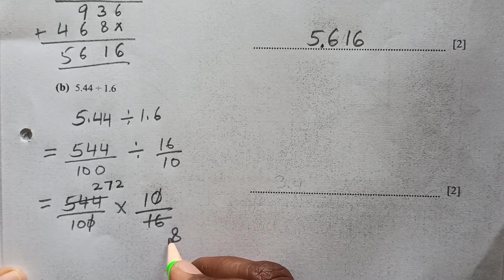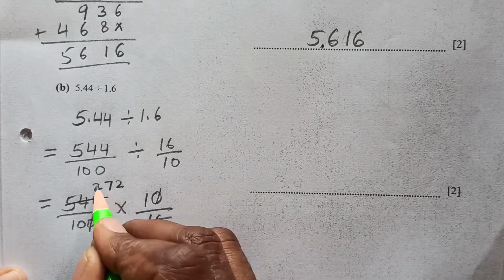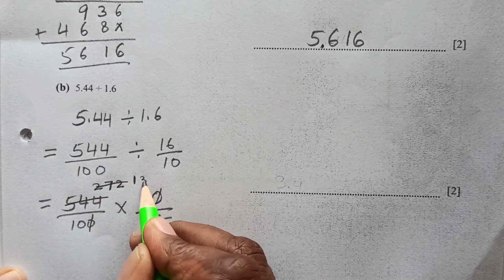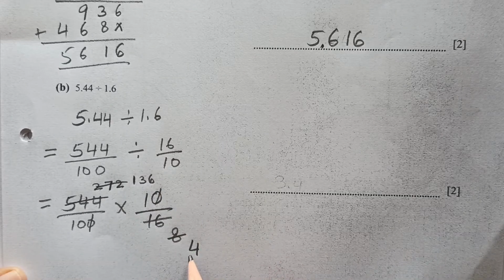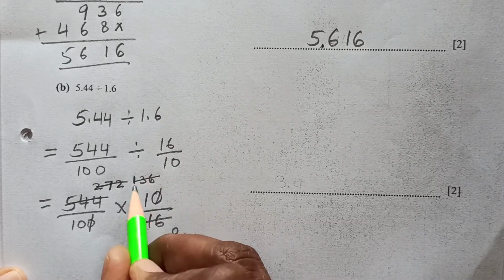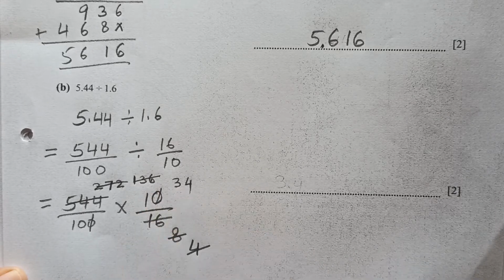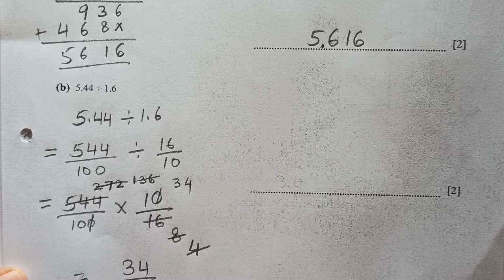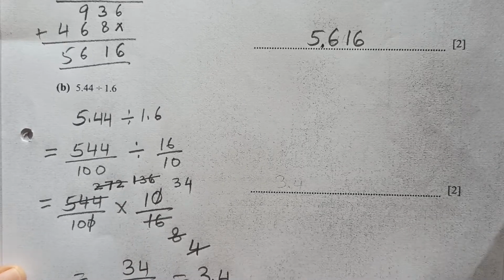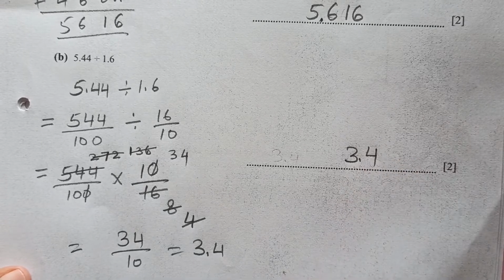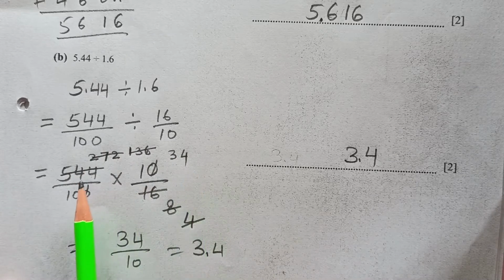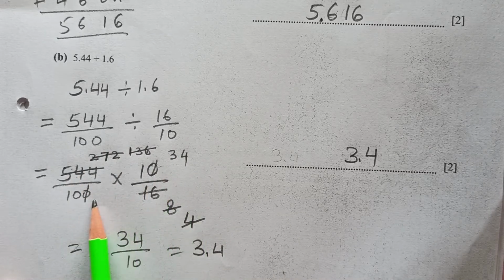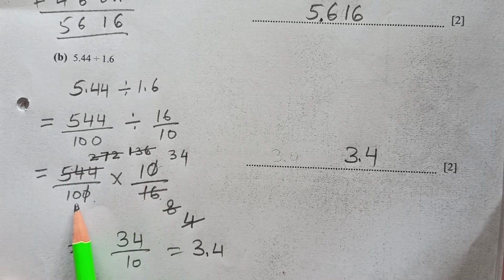Again, we can simplify further. 2 times 4, 2 times 1, 2 times 3, and 2 times 6. So now this can directly be divided by here. 4 times 3 is 12, 4 times 4 is 16. So we are left with 34 over 10. So that means 3.4. So final answer is 3.4, right? If you find this harder, then you can directly divide 544 by 16. Then you can put one decimal place there, right?